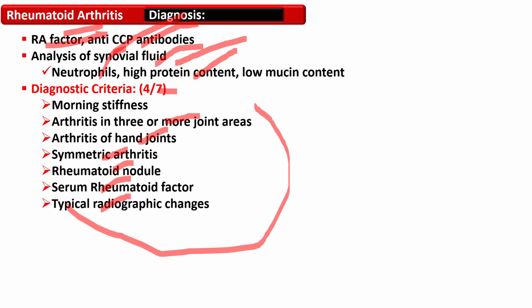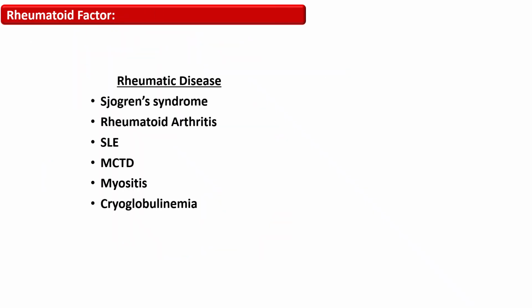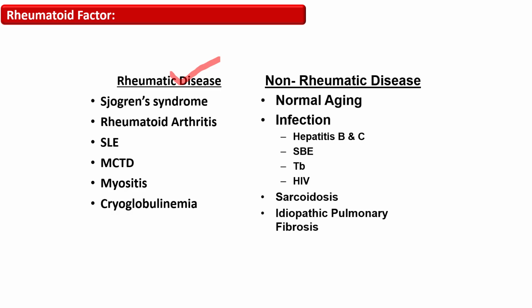These we have seen earlier. So this rheumatoid factor, which is antibody against antibody, is seen in many diseases. Some are rheumatic diseases and some are non-rheumatic diseases. The rheumatic ones are Sjogren's syndrome, rheumatoid arthritis, systemic lupus erythematosus, mixed connective tissue disease, myositis, cryoglobulinemia, and it is also associated with normal aging.